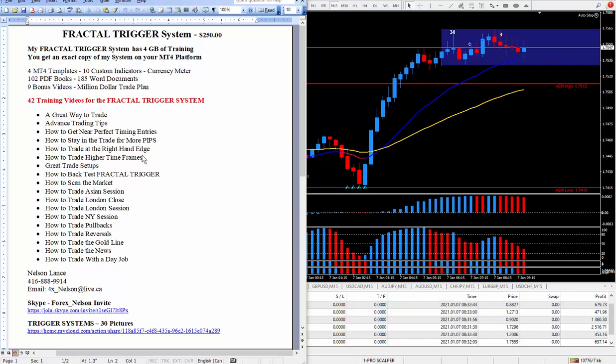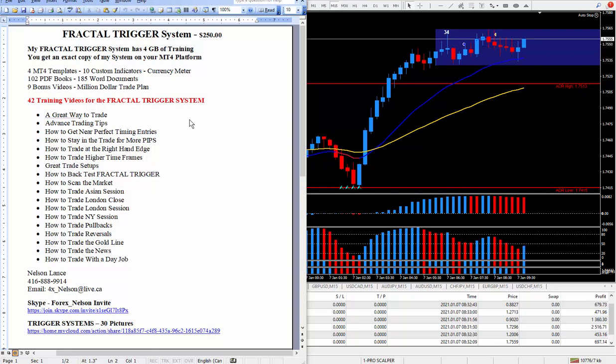My number one way, the best and the easiest way to trade, comes with a very high success rate. I call it a great way to trade, and that is using the indicators at the top and the bottom. And once everything lines up, you will find that it's quite easy also, but you have to follow the rules within the training videos.